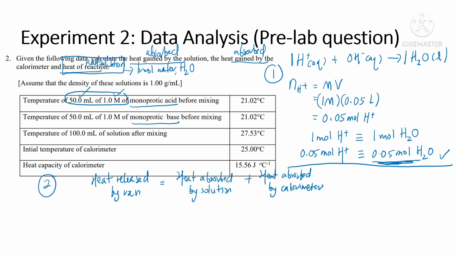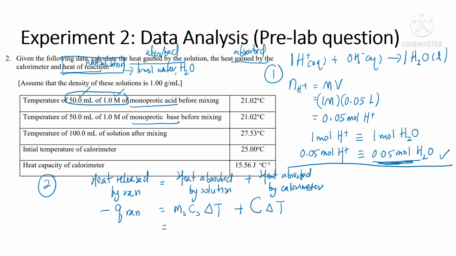Heat released by reaction is equal to negative Q reaction, which is equal to heat absorbed by solution. We can use the formula mass of solution multiplied by specific heat capacity of solution multiplied by change in temperature, plus heat capacity of calorimeter multiplied by change in temperature.